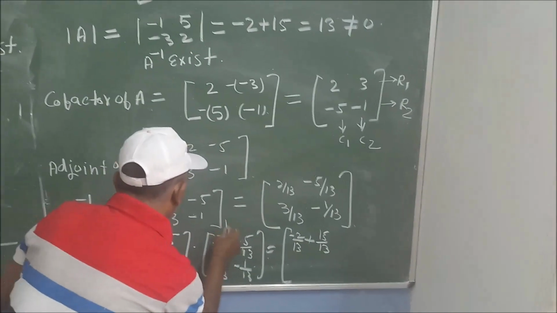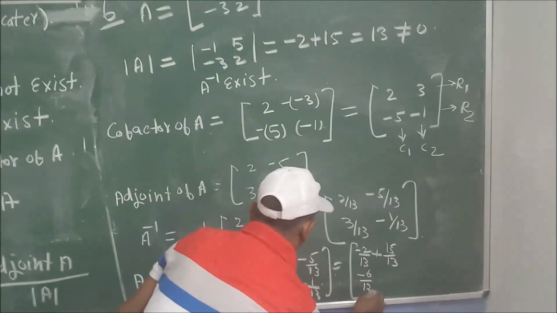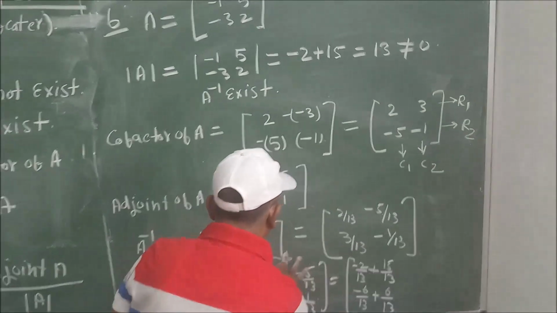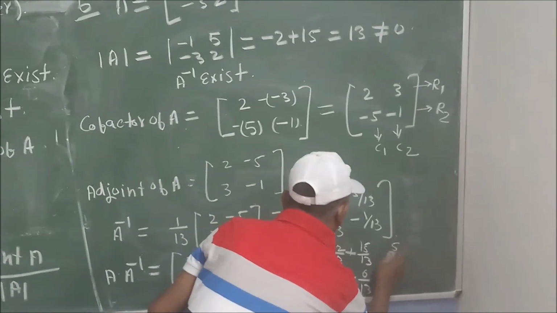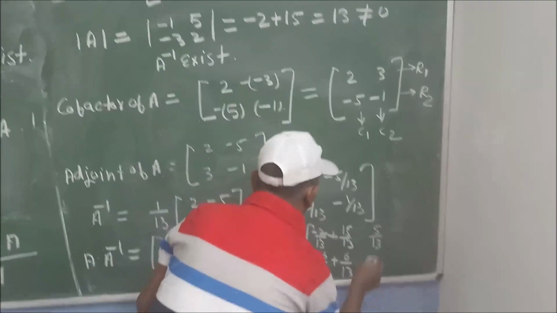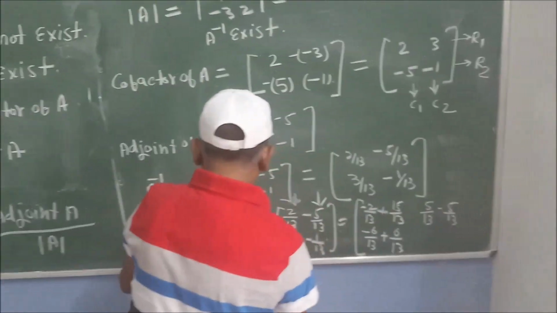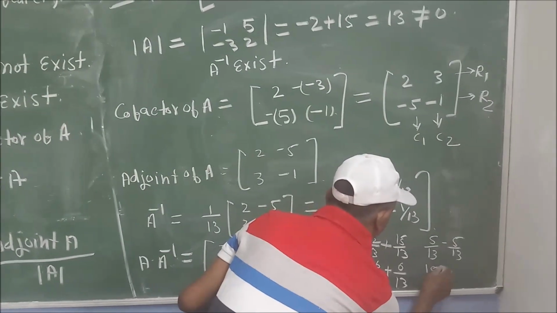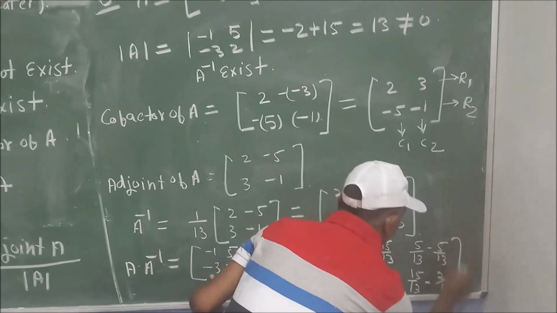Again multiply, -3 into 2, -6 by 13, plus 6 by 13. Again, -1 into -5, 5 by 13, plus 5 into -1, -5 by 13. Again -3 into -5, 15 by 13, and 2 into -1, -2 by 13.